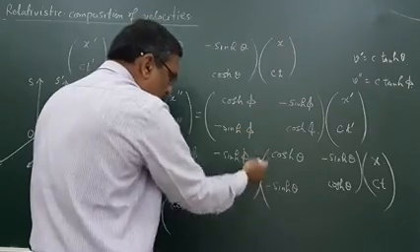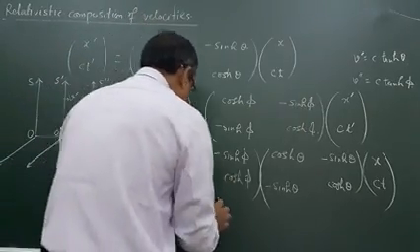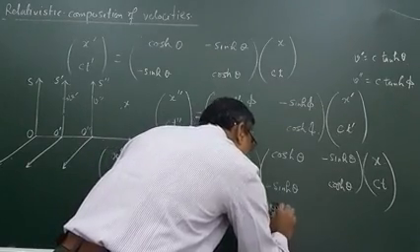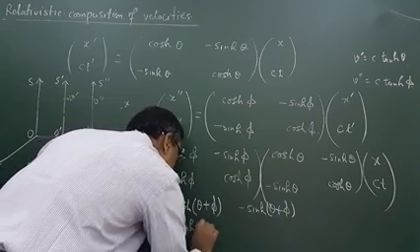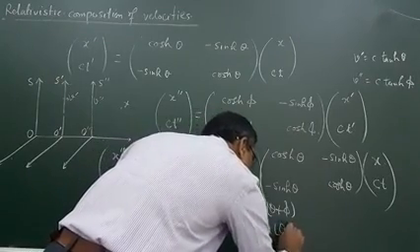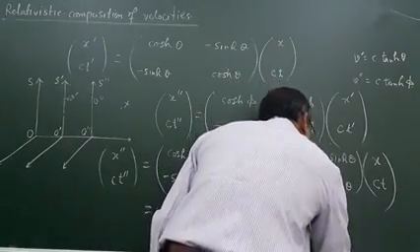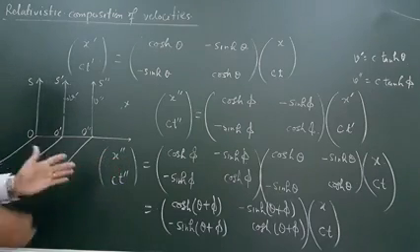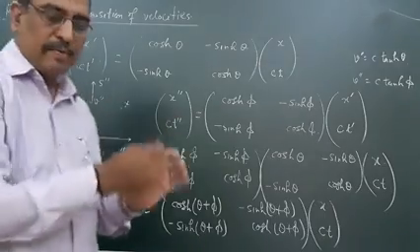So using the property of multiplication of matrices, I get cos hyperbolic theta plus phi, minus sin hyperbolic theta plus phi, minus sin hyperbolic theta plus phi, cos hyperbolic theta plus phi, times x and ct. Thus we can see that this is the relation between the first frame and the third one.